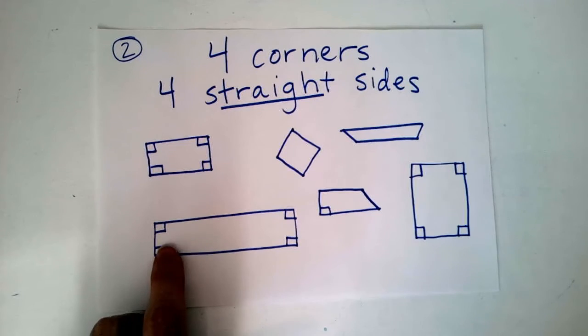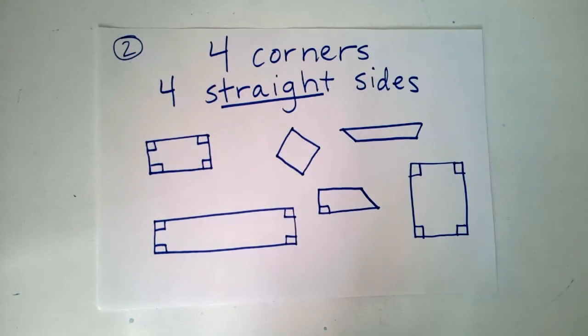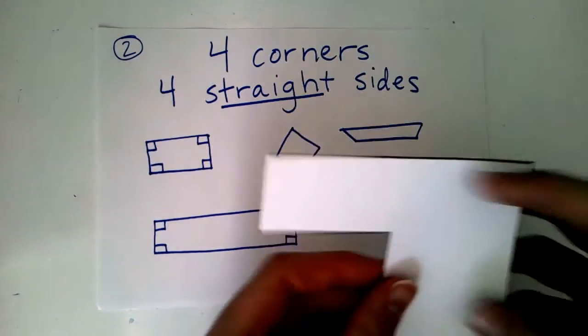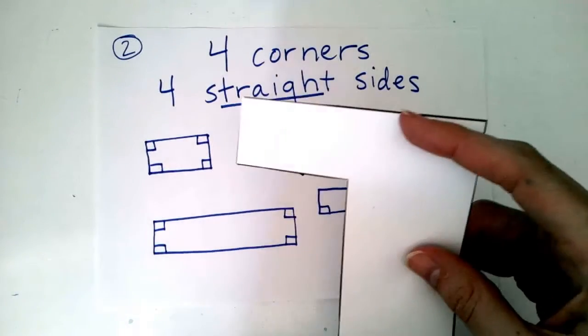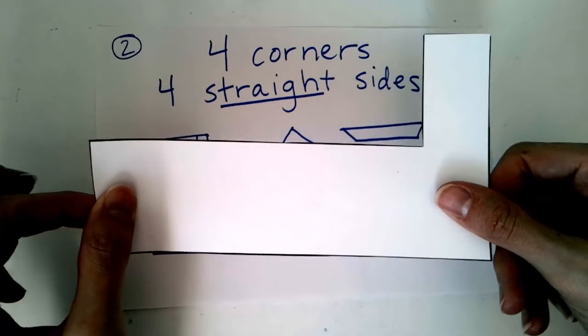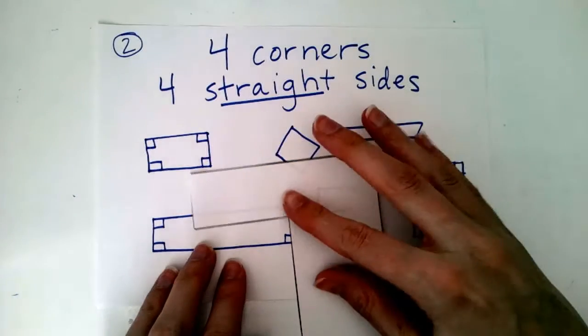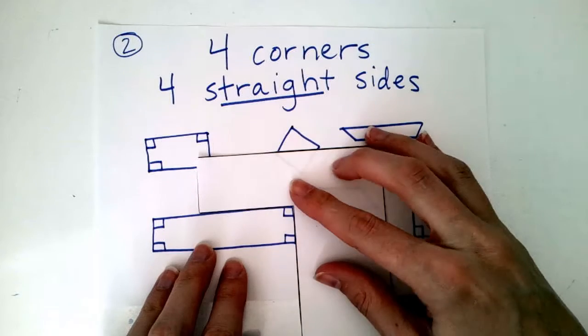If you look at all of our 4 corner, 4 straight-sided shapes, you will notice that they have a fancy marking in the corner. That fancy marking is there for a reason. It's not a mistake. We call them square corners. That means that corner would fit in a square. This is where that big L thing that you cut out earlier comes in. If a corner fits in here like this, you see how my corner fits?